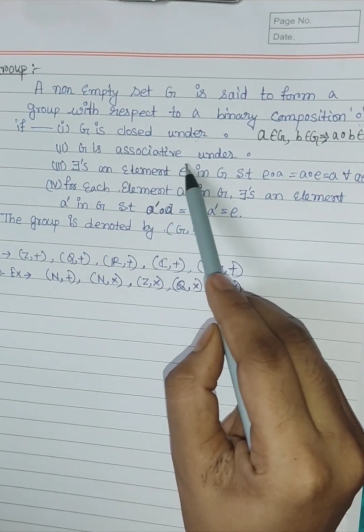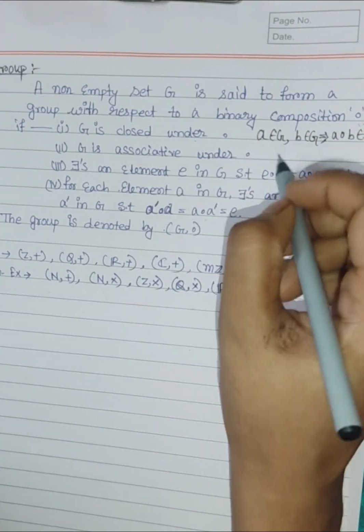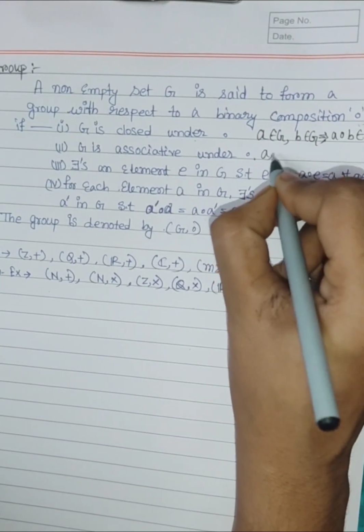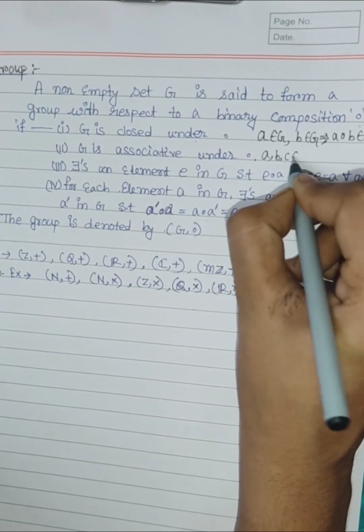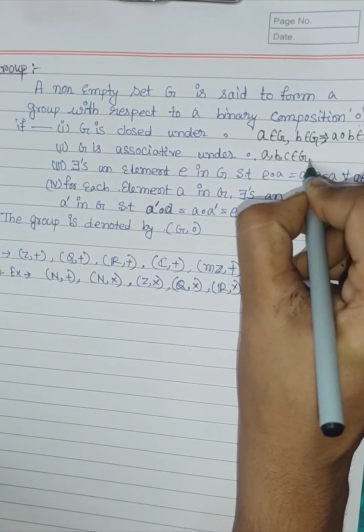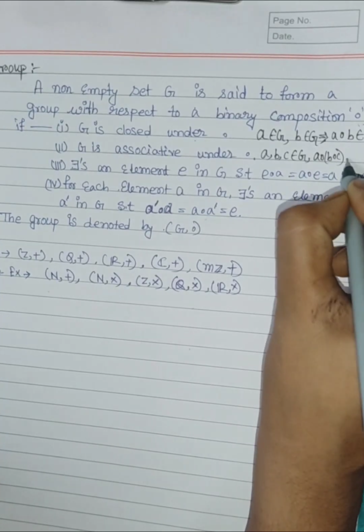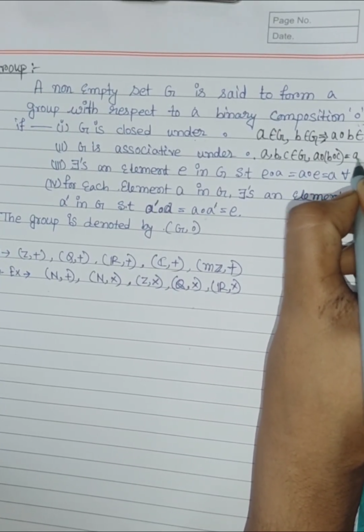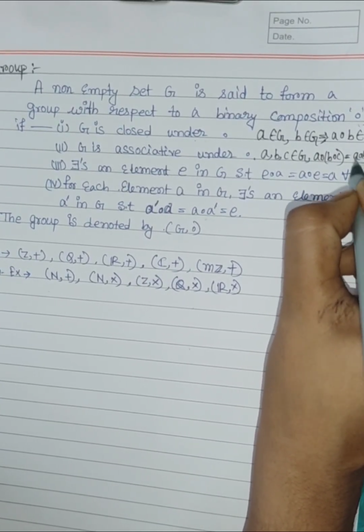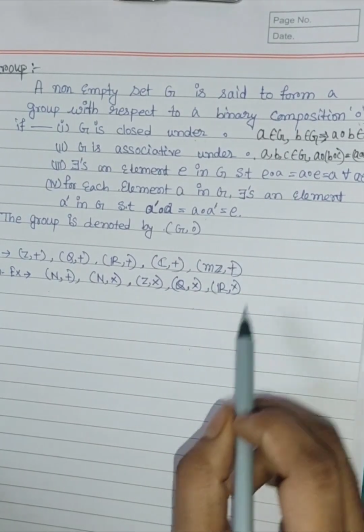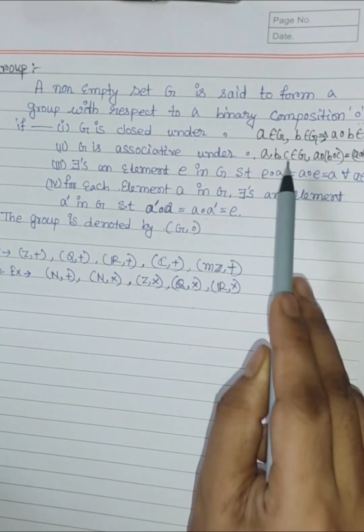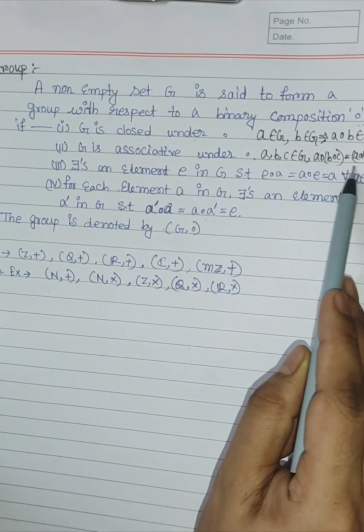Okay. Now what about associative? Associative means if we take three elements A, B and C belongs to G, then we get that (A not B) not C equal to A not (B not C). That means the set G is associative under this composition not.